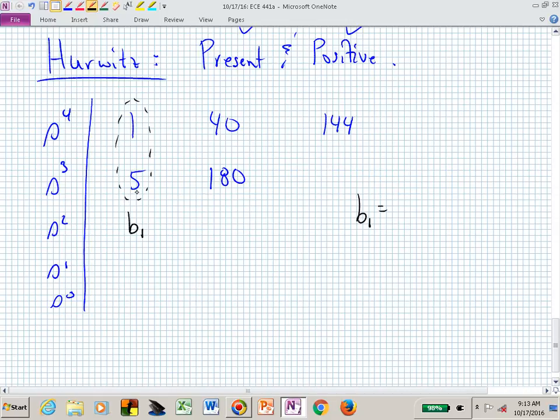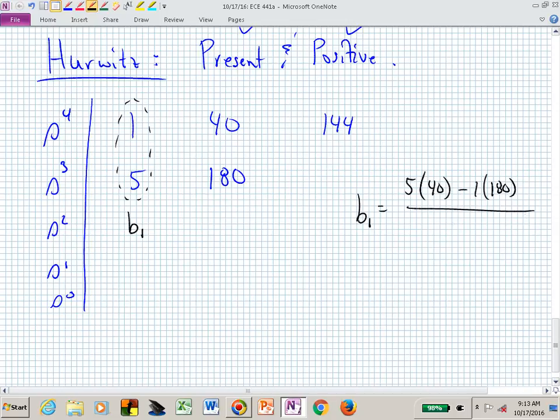We're always working with the left column, and then we simply use the column to the right of the element that we're trying to find. And in this case, we then have 5 times 40 minus 1 times 180, and I hope it's clear where those are coming from.